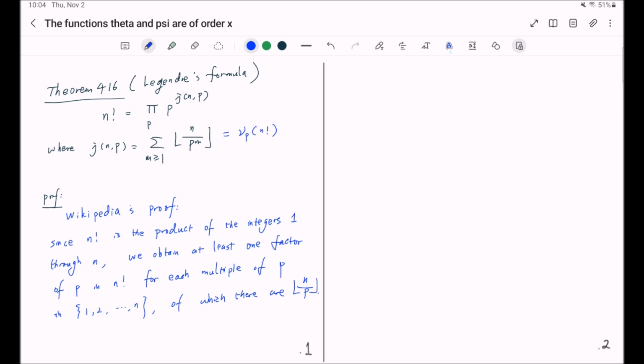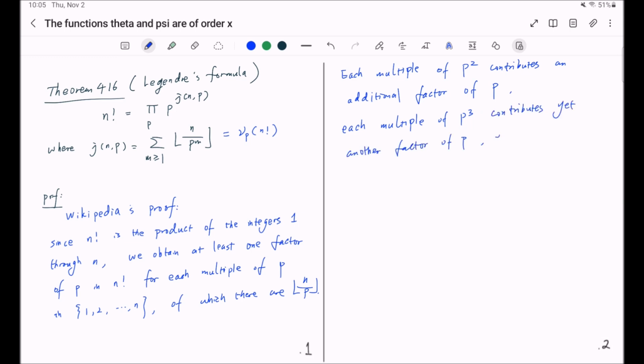And now, each multiple of p squared contributes an additional factor of p. And each multiple of p cubed contributes yet another factor of p, etc. And if we add up the number of these factors, we'll get this infinite sum for nu sub p of n factorial.